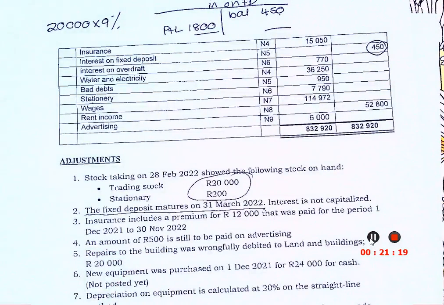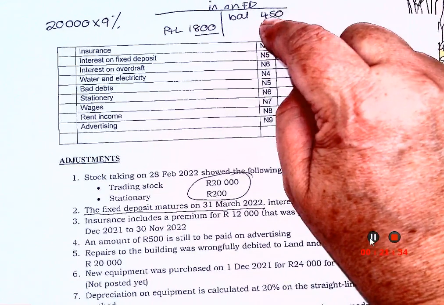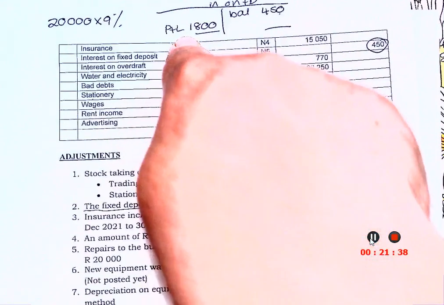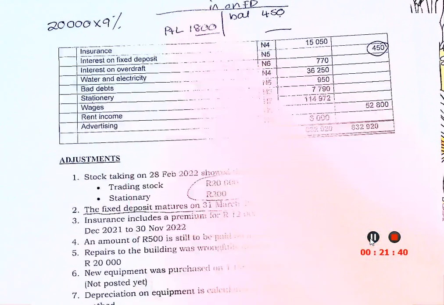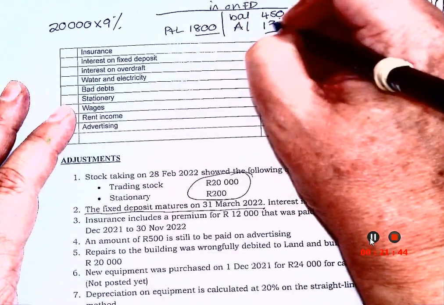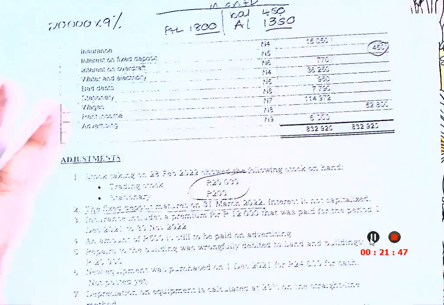Adjustments is always the difference between what I'm supposed to receive or pay and what I did receive or pay. You get it? So now the difference is the 450 I received. I'm supposed to have received 1,800. So how much do they still owe me? 1,350. Go listen to the video.